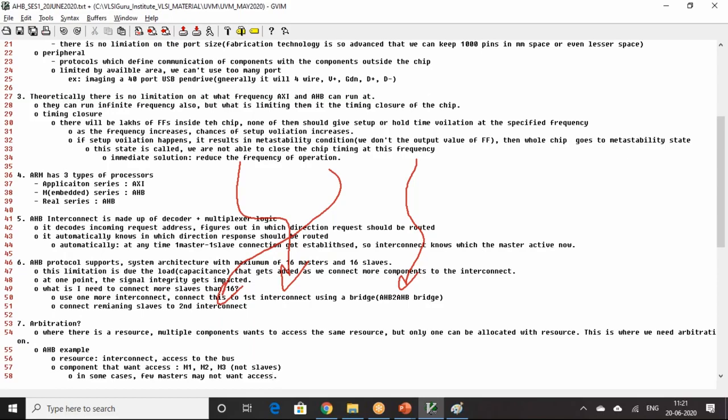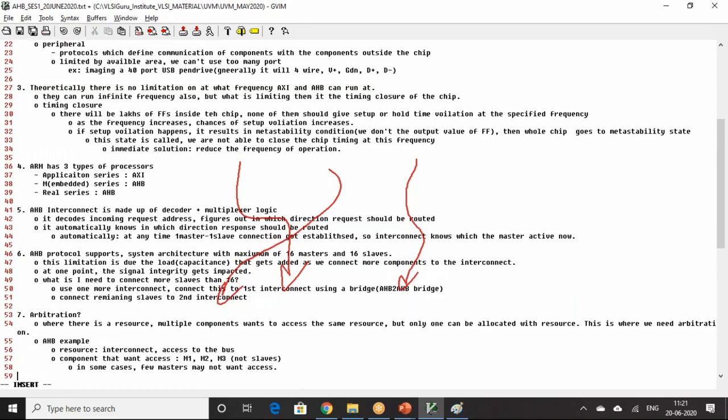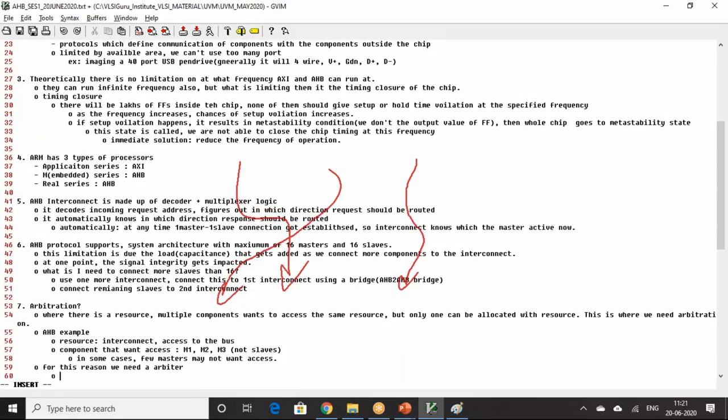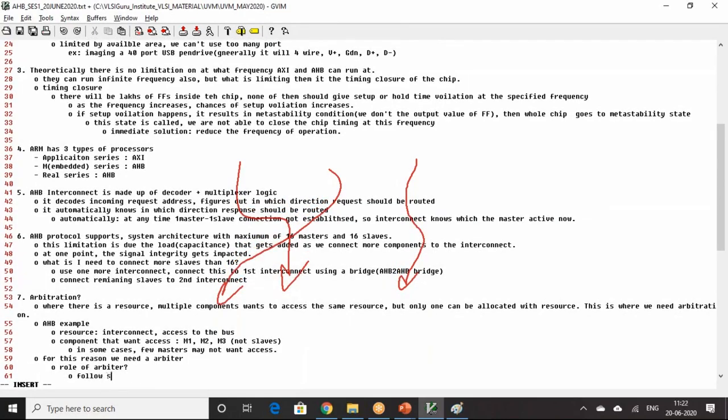So in those cases, you need an arbiter. So what is the role of the arbiter? The role of the arbiter is to follow some guidelines and allocate the resource to the requesting components based on the guidelines.